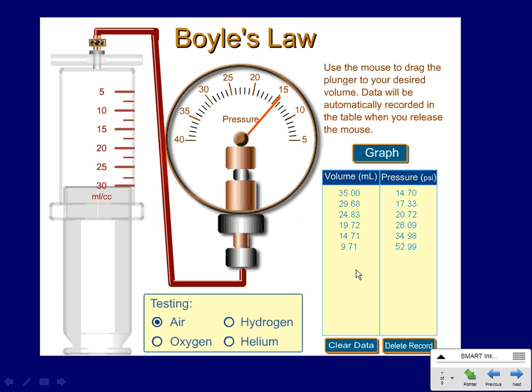Now, in my note, I have x's and y's, but on your graph, you're going to have p's and v's. So when you write your relationship and your little symbols, put it in terms of p's and v's. So you'll have P1s and V1s instead of X1s and Y1s. When you're making your graph, don't forget to put appropriate titles.